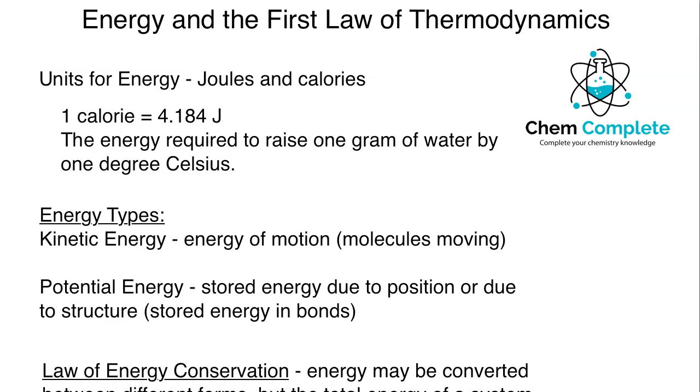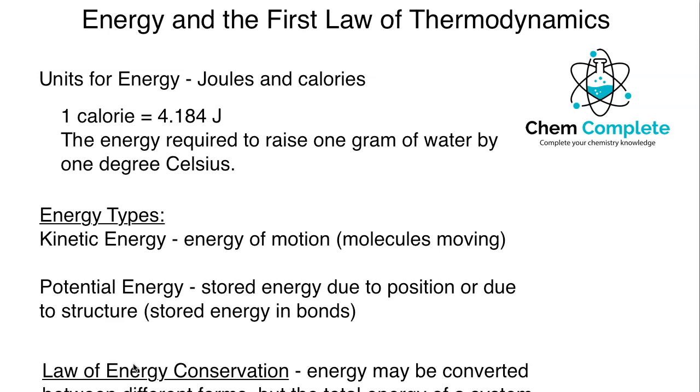And we will have a lecture down the road that takes a look at specific heat or heat capacity and how to calculate those things based on mass, temperature differences, and the specific material that you are looking at, whether it's water or some sort of a metal like aluminum or iron. You can make those calculations, okay? But for right now, 1 calorie is equal to 4.184 joules.